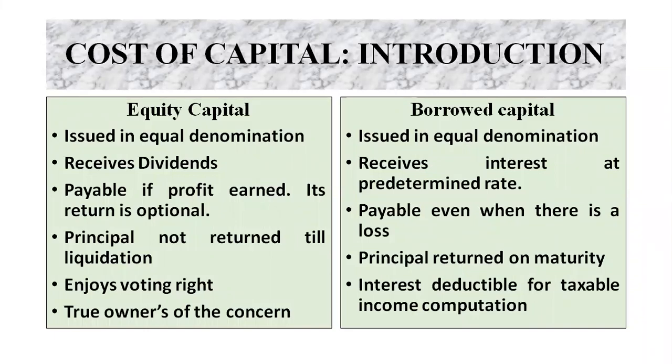Equity shareholders are the actual owners. Also, there is another type of share which is issued, called preference shares. So, total fund is collected basically from three sources: equity share capital, preference share capital, and borrowed fund.